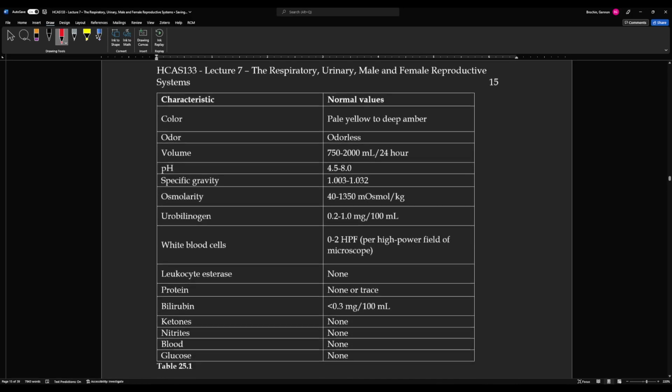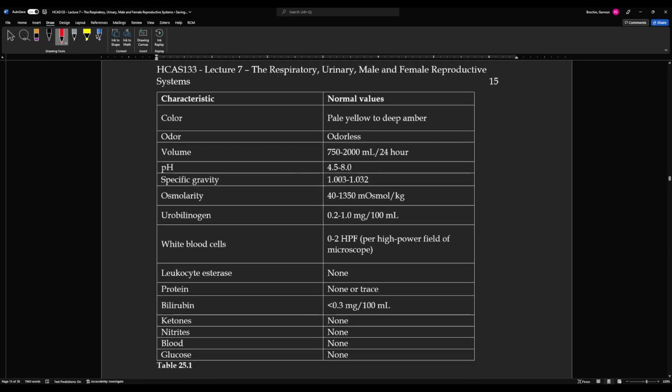So you'll see here that I won't spend much time on it at all, but normal characteristics and values in urine are listed here. A big thing to mention is specific gravity. That is relatively non-specific but very important because it's the measure of all of the substances within urine.